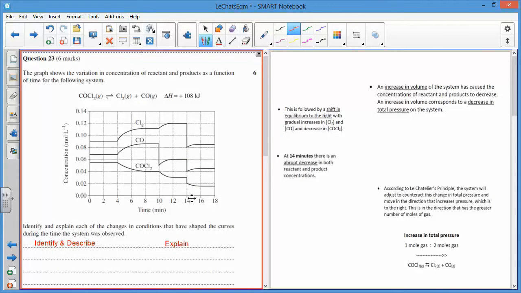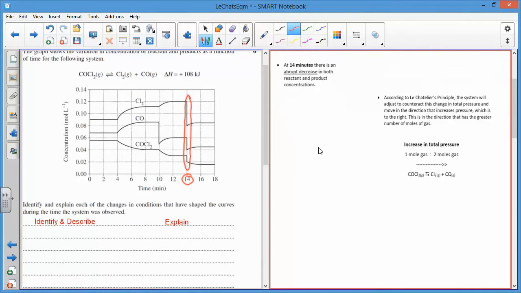Finally, we've got a change that's occurring at 14 minutes. We can see from the graph that there's an abrupt decrease in the concentrations of all species. This decrease in concentration of all species indicates that there's been a volume increase on the system. A volume increase leads to decreased pressure on the system, or decreased total pressure.